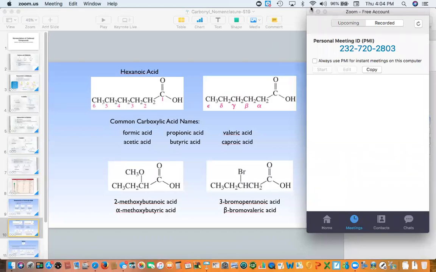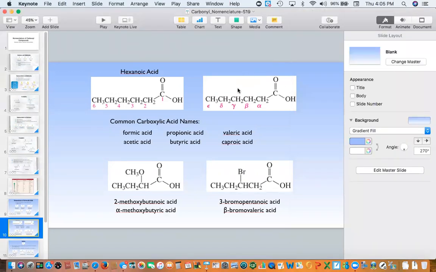I don't know what y'all are going to get out of this. This is nutty. I could have paused the recording, I didn't know that. Do you see on the bottom it says beta-bromo-valeric acid?